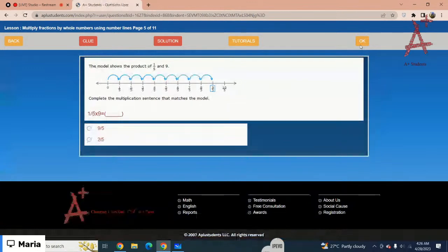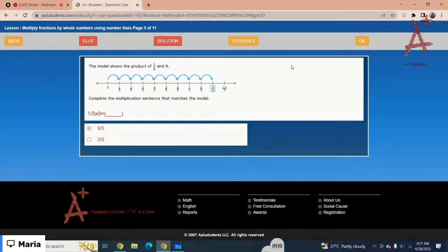1 by 5 times 9 is, yes, that is 9 over 5.